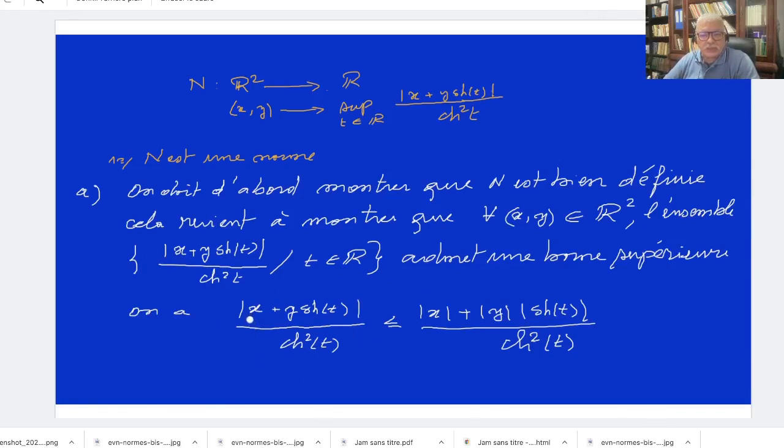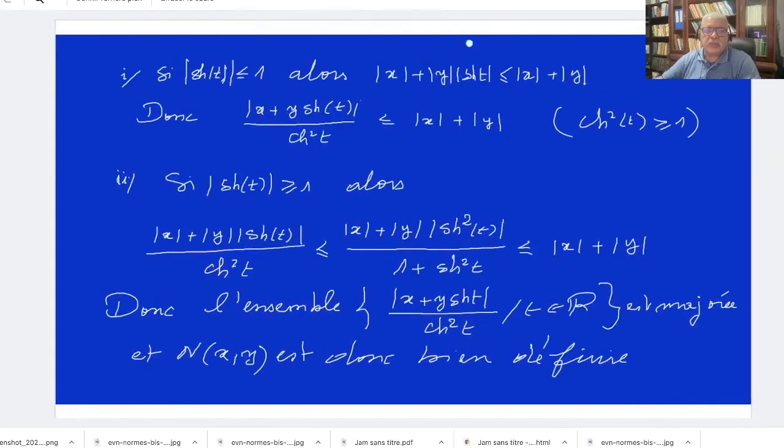We can already write that the absolute value of x plus y sh of t over ch squared of t is bounded above by the absolute value of x plus the absolute value of y times the absolute value of sh of t over ch squared of t.